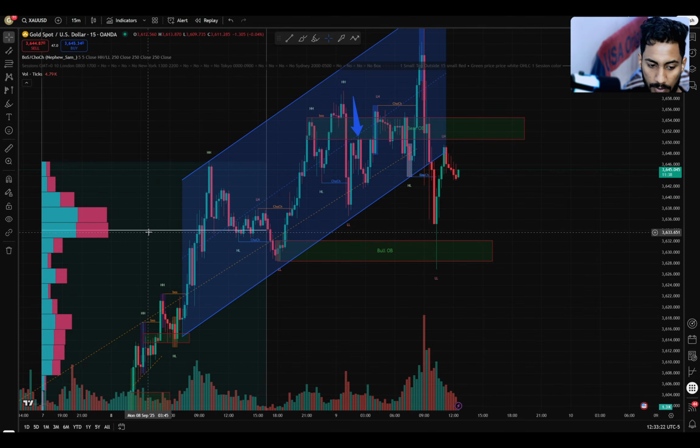This line is called the POC, point of control, where the last session had high probability and high bids and asks. What you can say is high selling and buying.